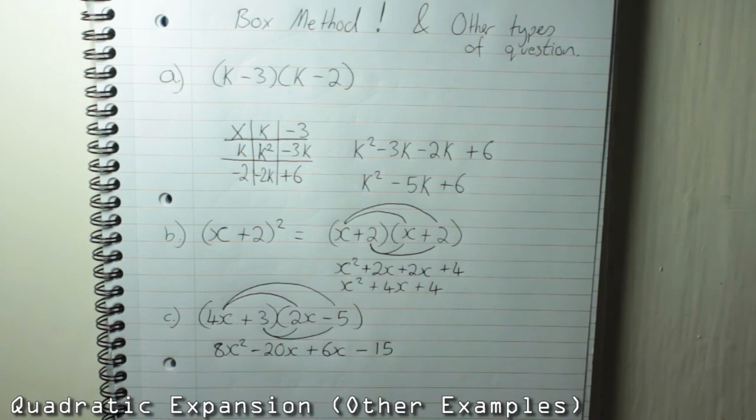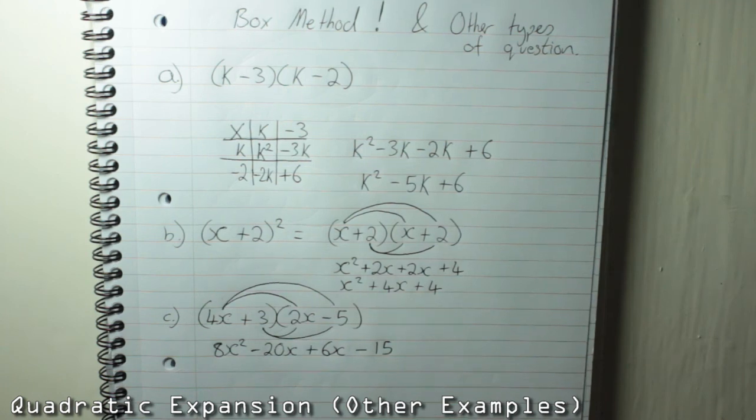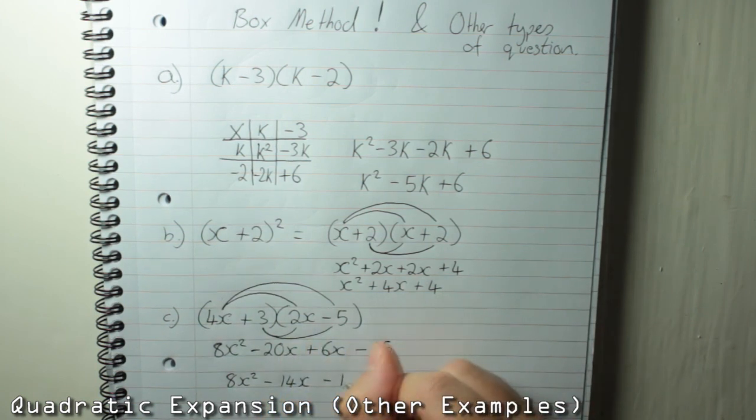So, just like before, gather your like terms in the middle, and that's the minus 20x and the positive 6x. So minus 20 add 6 is minus 14. So we end up with 8x squared minus 14x minus 15. And that's your final answer.